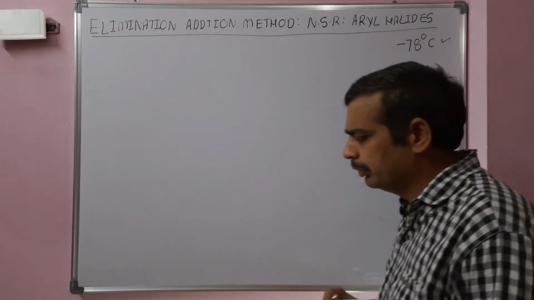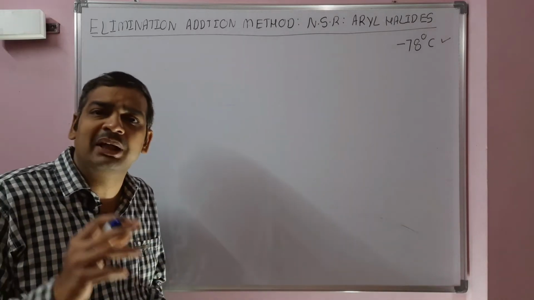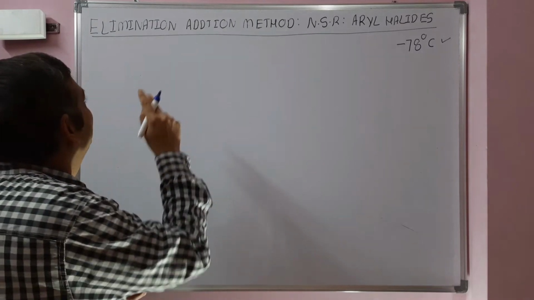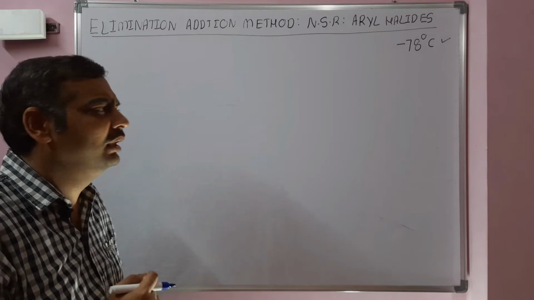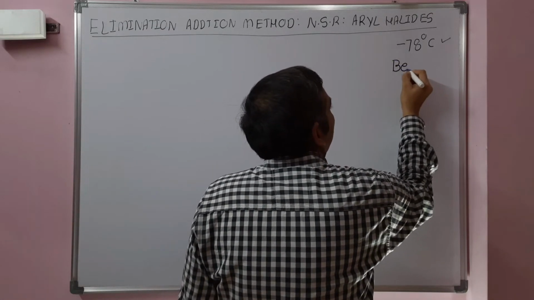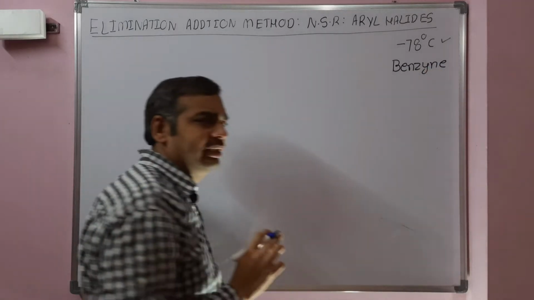It is possible by using sodamide in liquid ammonia. Only one reagent is used in the elimination-addition method, sodamide in liquid ammonia. The intermediate that is obtained is benzyne.